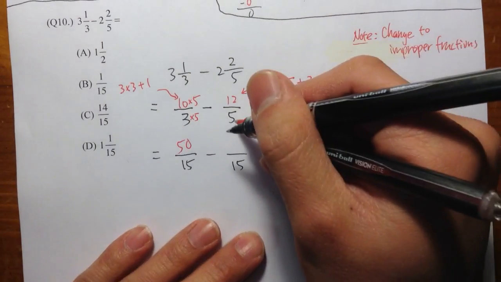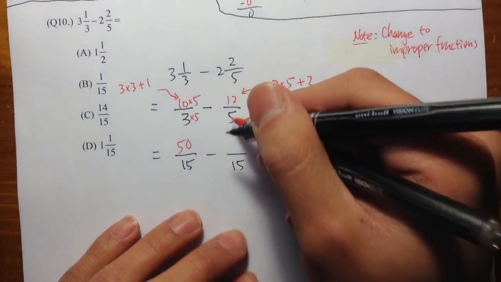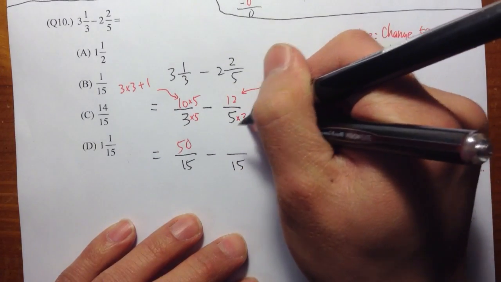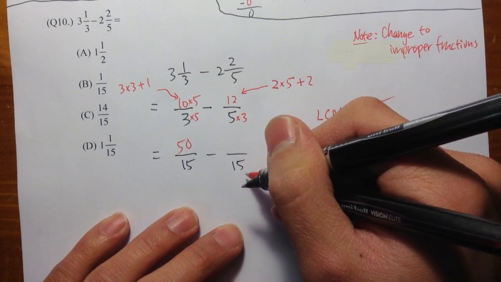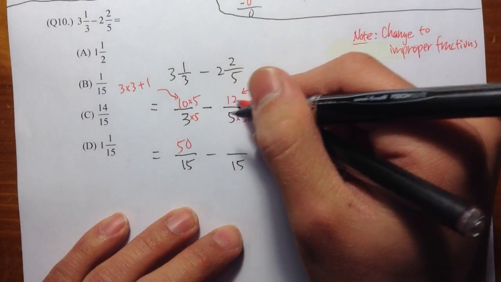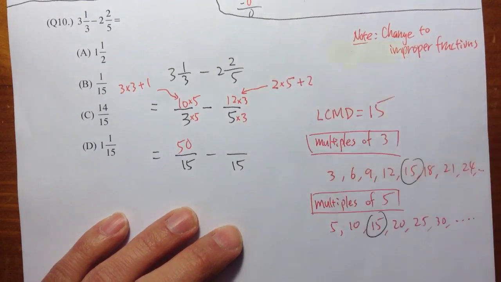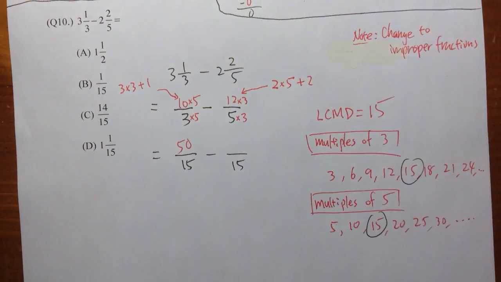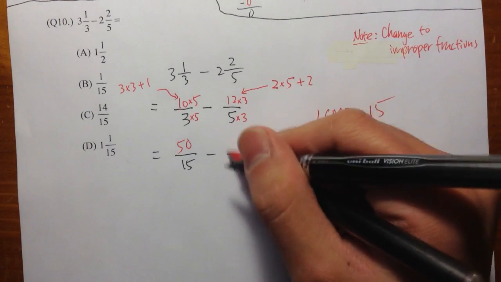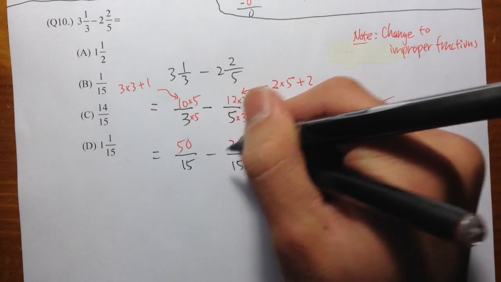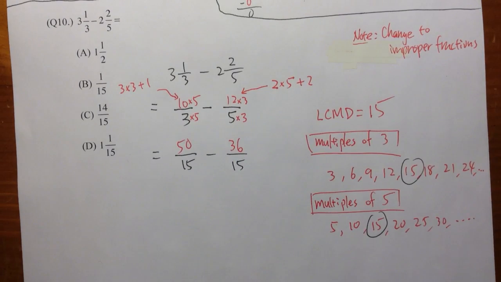For the second one, ask yourself, 5 times what will be 15? 5 times 3 gives you 15. So we will do the top as well. 12 times 3. We are going to multiply the 12 by 3 as well, and that will give us the numerator for the second fraction. 12 times 3 is equal to 36. Okay?